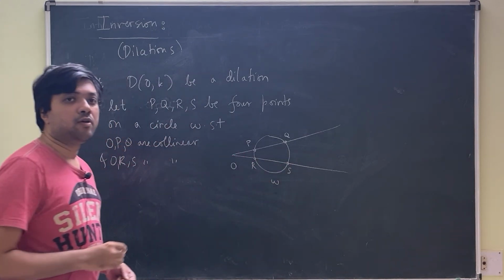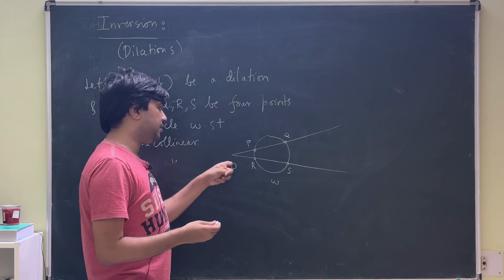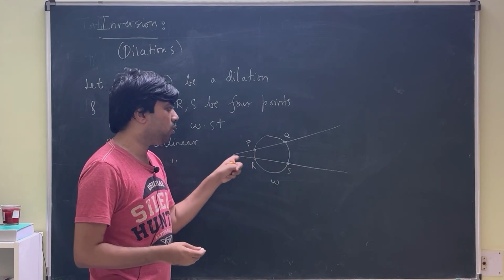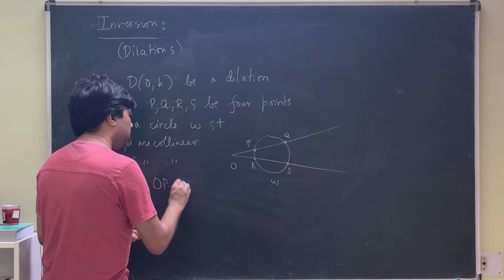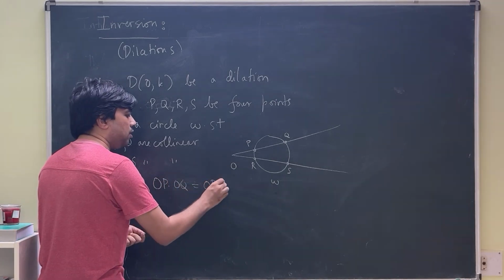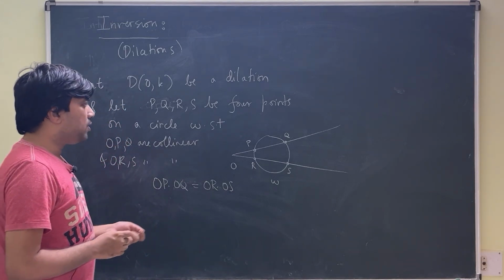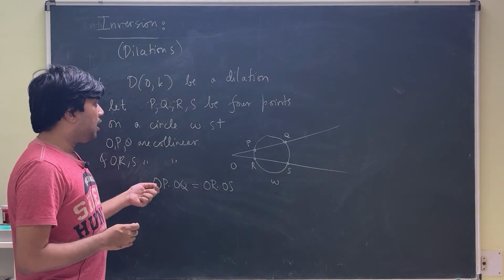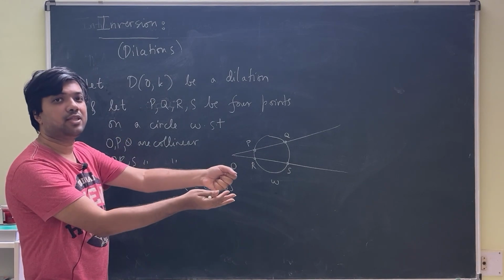Now notice, we know from power of a point, or the intersecting secant theorem, that OP into OQ must equal OR into OS. Now here is the cool fact. Under dilation by K, we can just scale everything by K units.